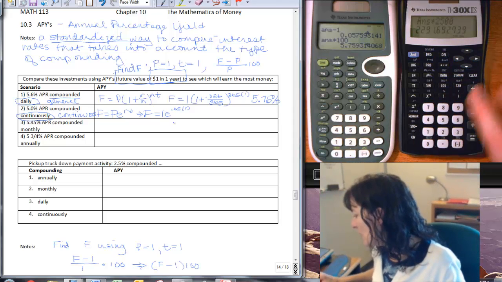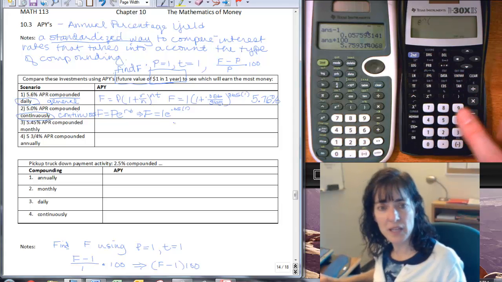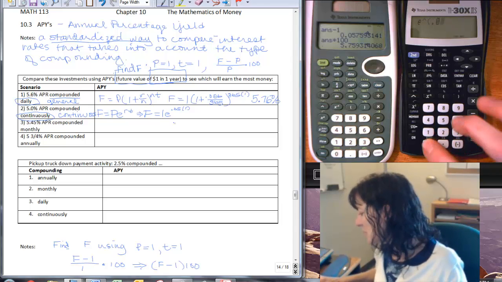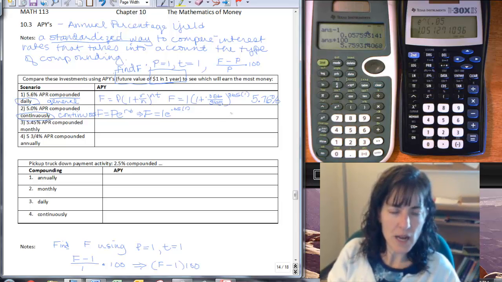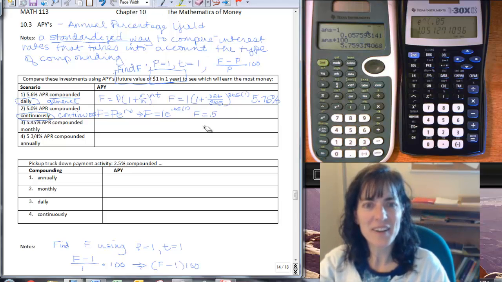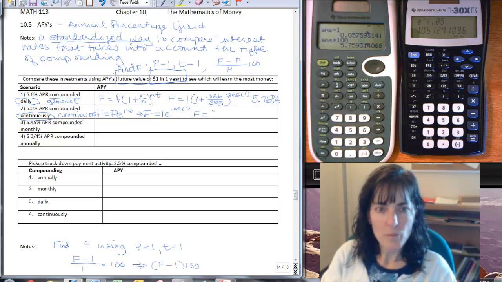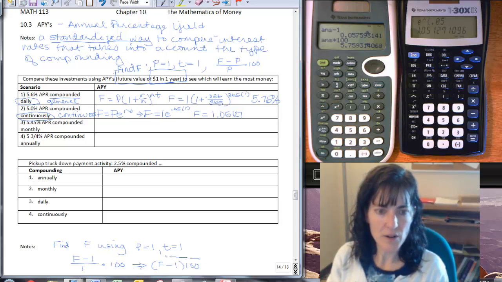So we'll try it on this calculator this time, and I'll do second ln, and so I get E to the, and then I'm putting in the 0.05 from my problem, push enter, and I have F equals $1.05127, etc.